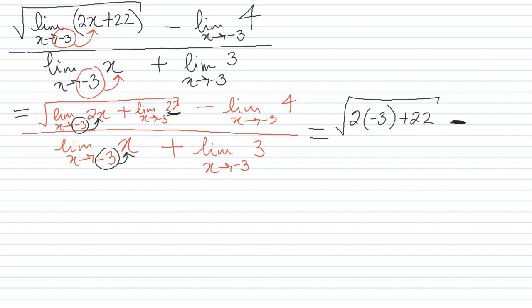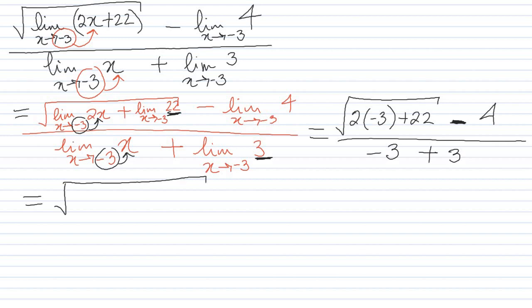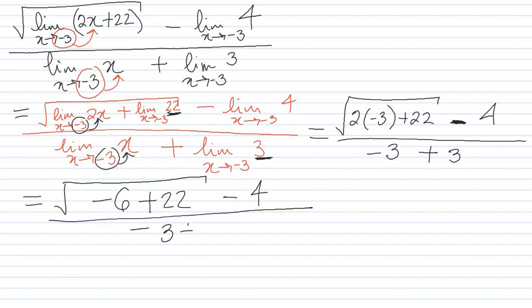Then the limit of 4 as x goes to negative 3 is just 4. And then we substitute here, so we have negative 3 plus 3, because this is another constant. So that will be the square root of 2 times negative 3, which is negative 6, plus 22 minus 4, over negative 3 plus 3.